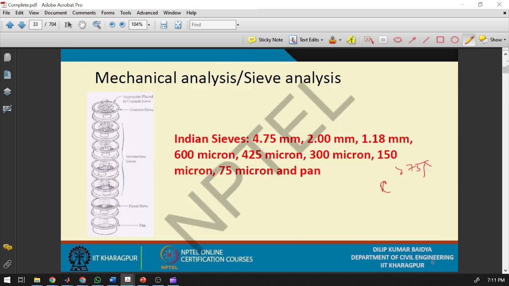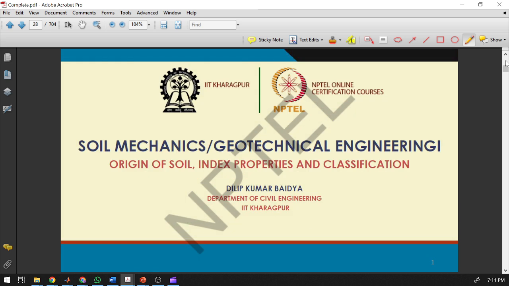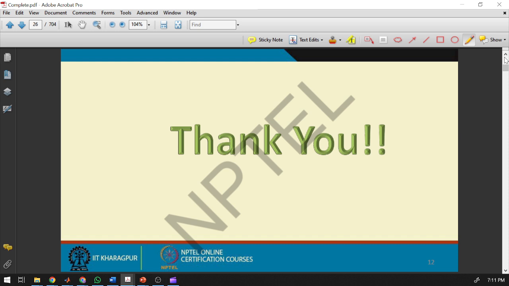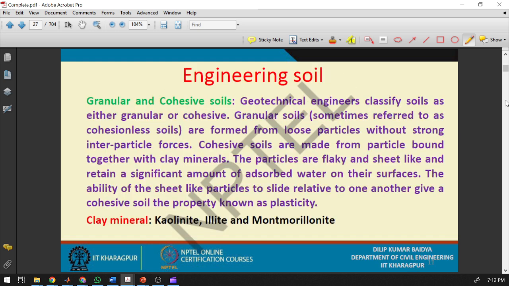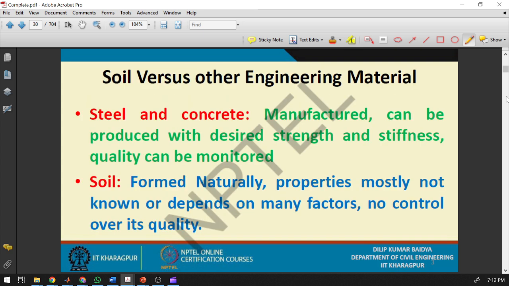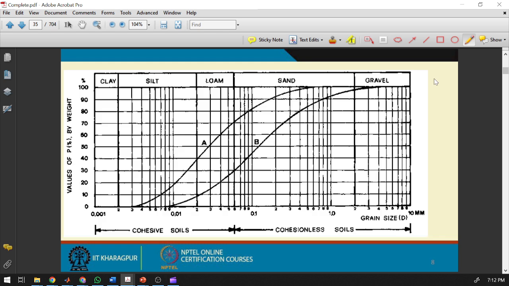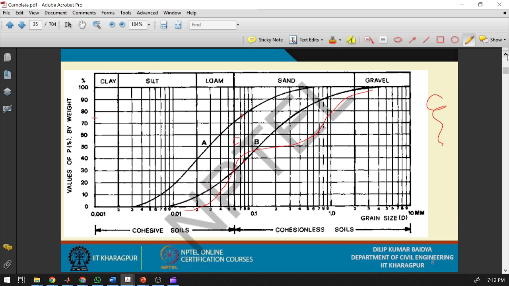Okay, D10 is an important parameter which is related to many other things, for example, permeability. It's related to when you talk about your pore water pressure, that tensile stresses, isn't it?